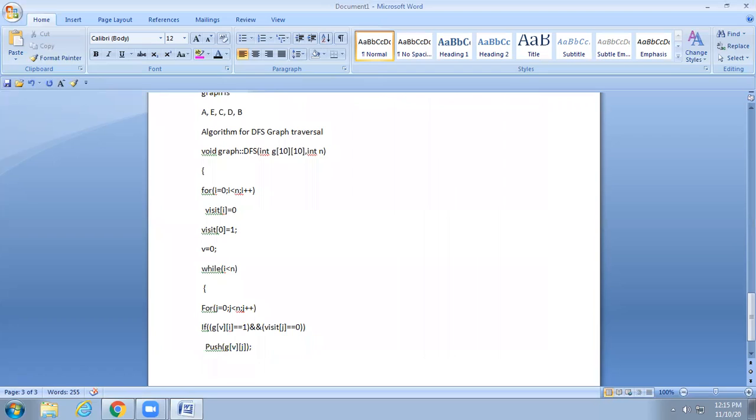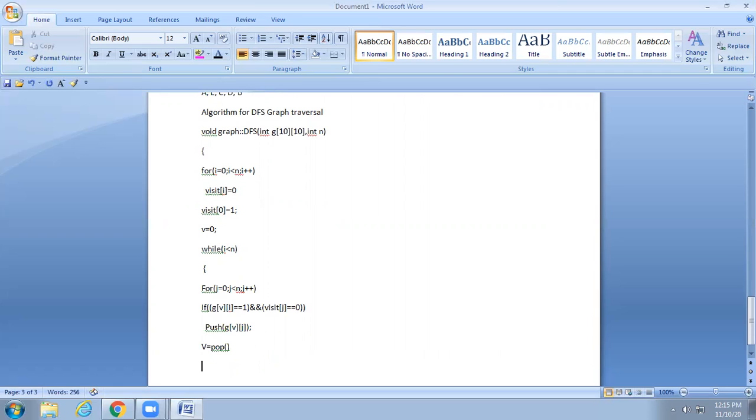Then after pushing all, you have to do v equal to pop. By using the pop function we remove the top of the stack. After removing the top of the stack, then we can print v.